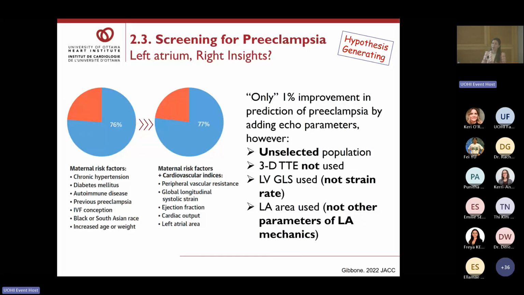I wonder how this would behave in a high-risk population. They did not use 3D, which I just told you is probably better, especially in second and third trimester. They were using only GLS. They weren't using the GLS rates, which we know has been shown to be a more robust indicator. And they were simply using LA area, which does not account for all the other LA mechanics that we can assess with echo.